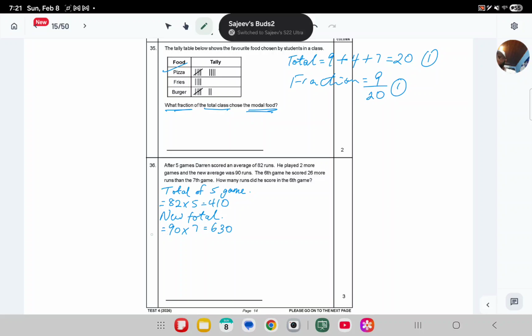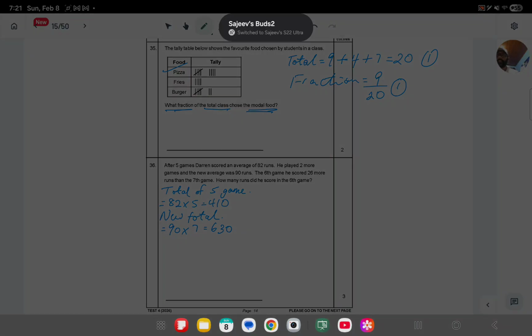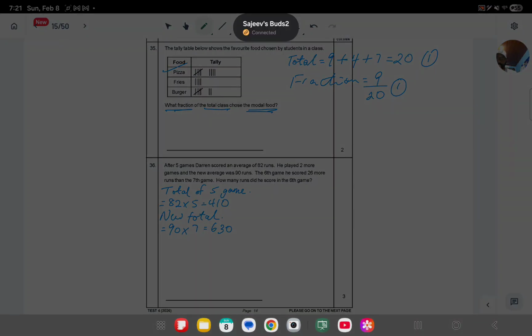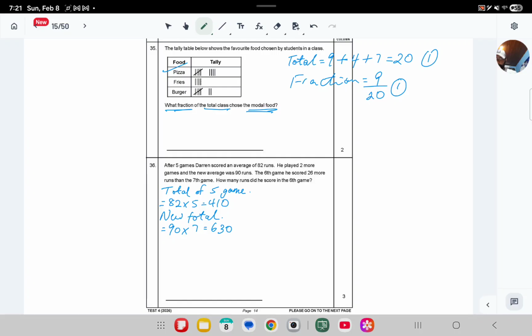For now, from here we know the total number of runs scored in the 6th and 7th games.